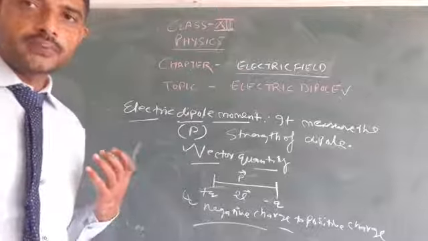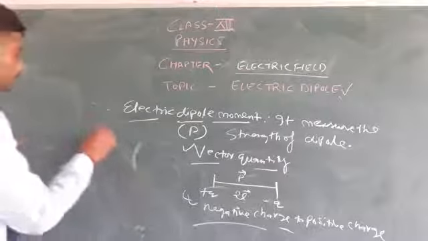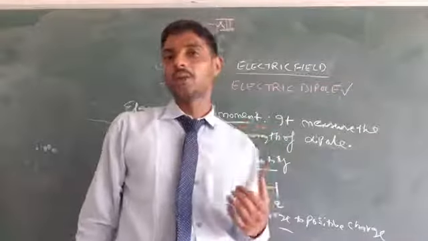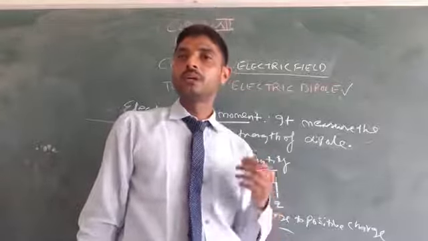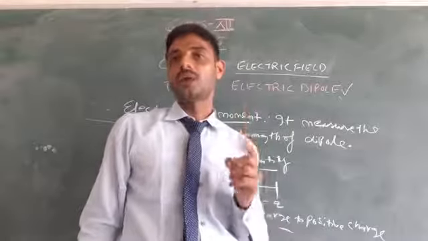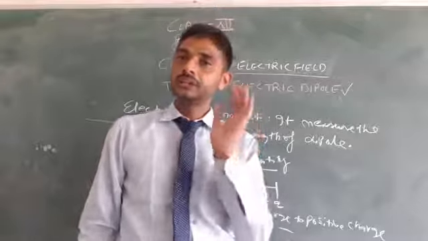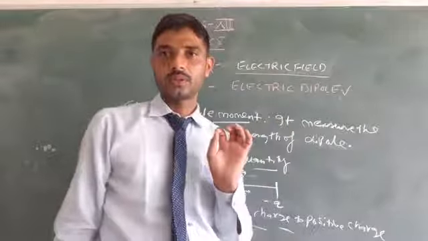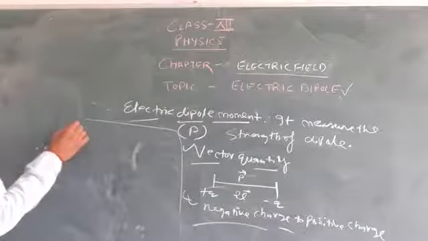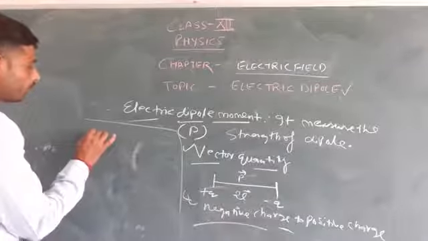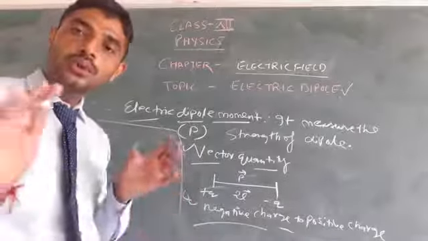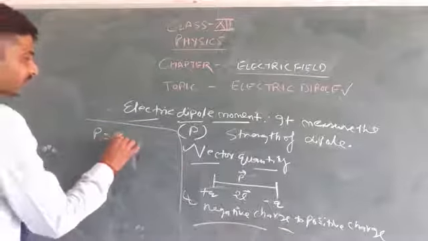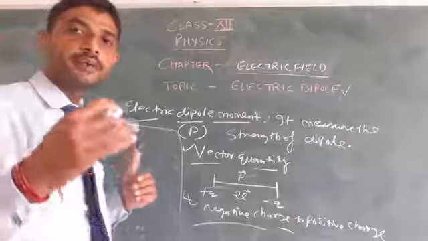To find the formula for dipole: the value of electric dipole moment P is equal to the product of either one charge and the separation between them.